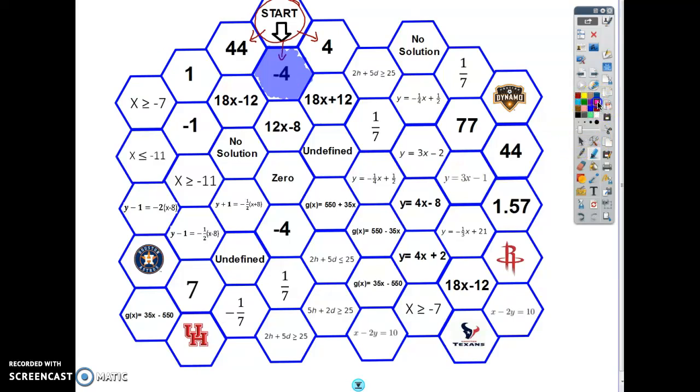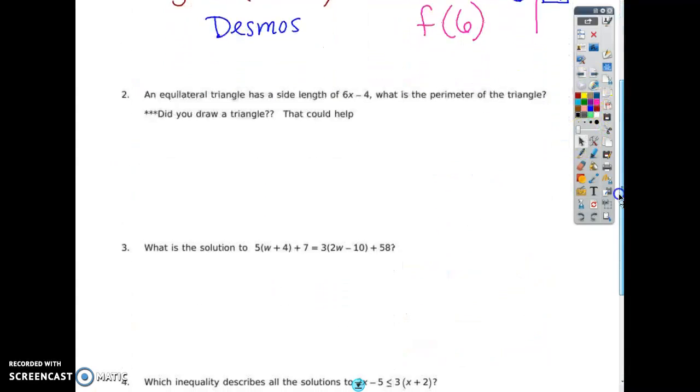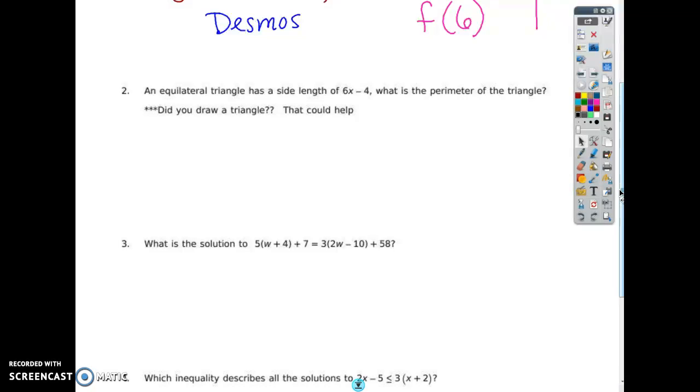Now for number 2, what are my answer choices now? My answer choice is either going to be this one, or this one. Okay? Because my next answer is going to have equations. So let's go look at problem number 2. It says an equilateral triangle has a side length of 6x minus 4.